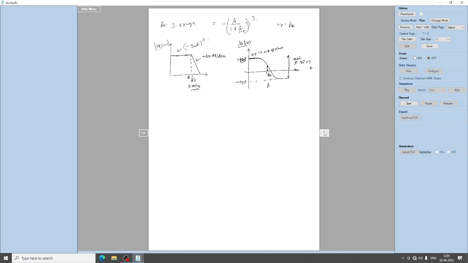Okay. So this is the final phase where each R and C will give an additional phase. For example, it will give an additional phase of 45 degree. Okay. So this is excess phase added.